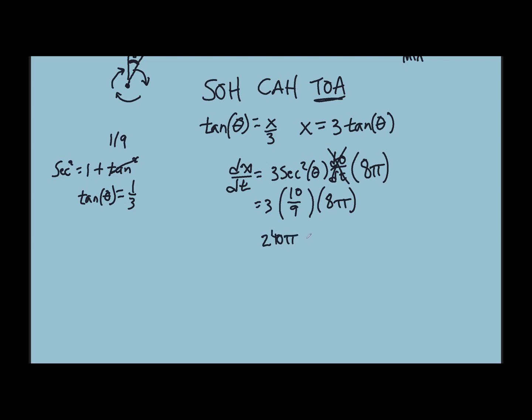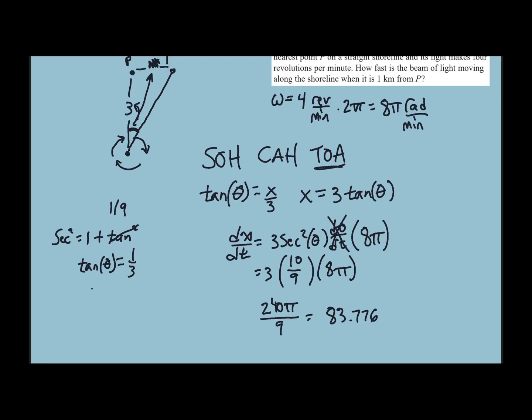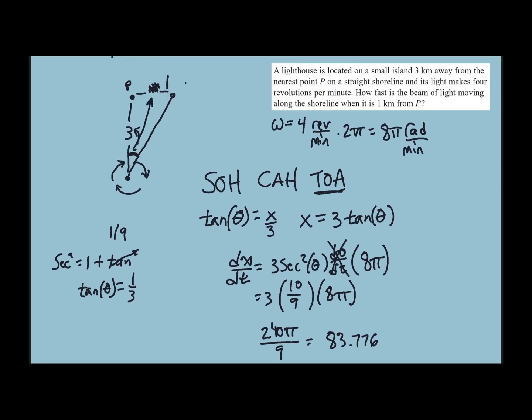Come on, hot computer. 240 times pi. Do I have a pi button on here? And then divide by 9. I got 83.776 for my dx/dt. That's pretty fast.